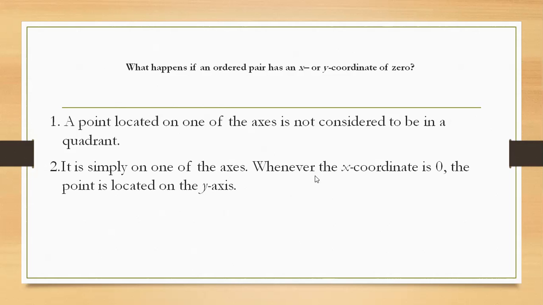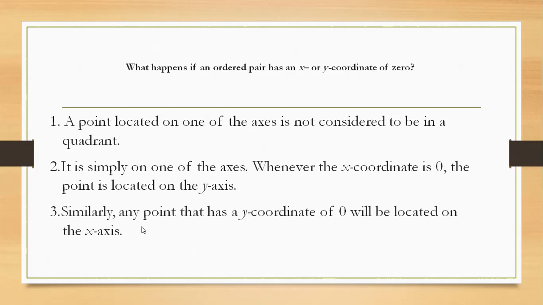Whenever the x coordinate is 0, the point is located on the y-axis. Similarly, any point that has a y coordinate of 0 will be located on the x-axis. If the y coordinate is 0 and only the x coordinate is given, that lies on the x-axis.